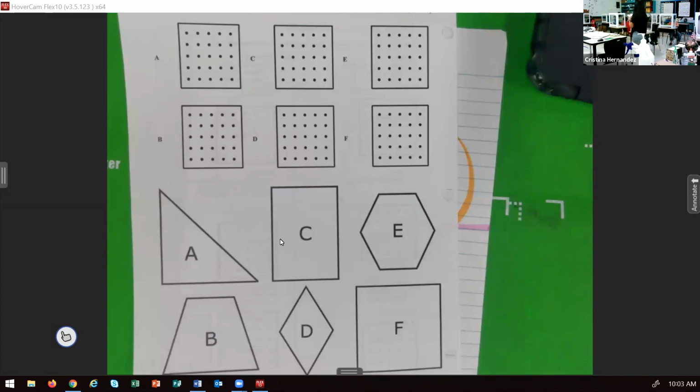Found it. Oh, wait, wrong one. 122. We're going to be doing symmetry.